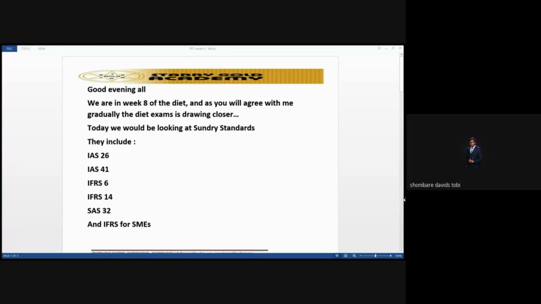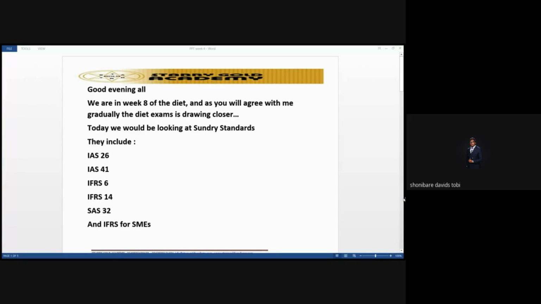I'm someone that actually consults for SMEs, and at times you deal with some particular SMEs. Do you think there's a standard for financial instruments for SMEs? Is there any standard for financial instruments for SMEs?